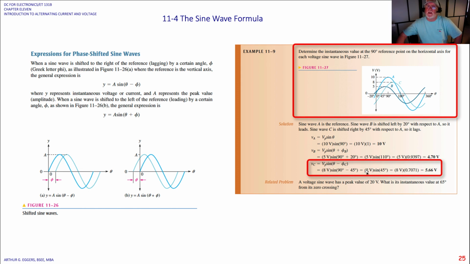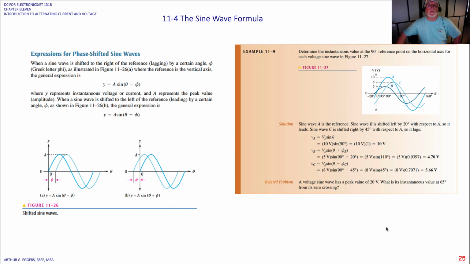So we have 8 volts times the sine of 45 degrees, because 90 minus 45 gives us 45. 0.707 is the sine of 45 degrees. We get 5.66 volts. That's how we deal with the sine wave formula and phase shifted signals.